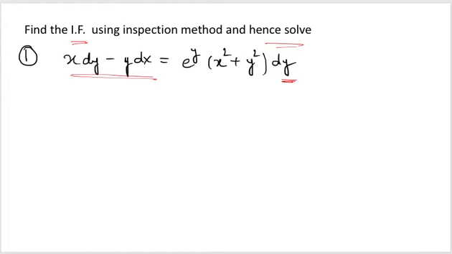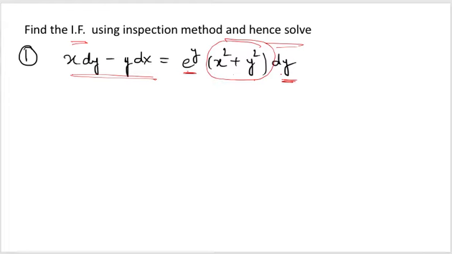So here I can see that dy can handle e to the power y, but this is something which is not integrable. So dy is integrable with the y function only, not with x square plus y square. So you can identify one point here, that if this x square plus y square is removed, the question can be handled. And on this side x square plus y square in the denominator can be handled.